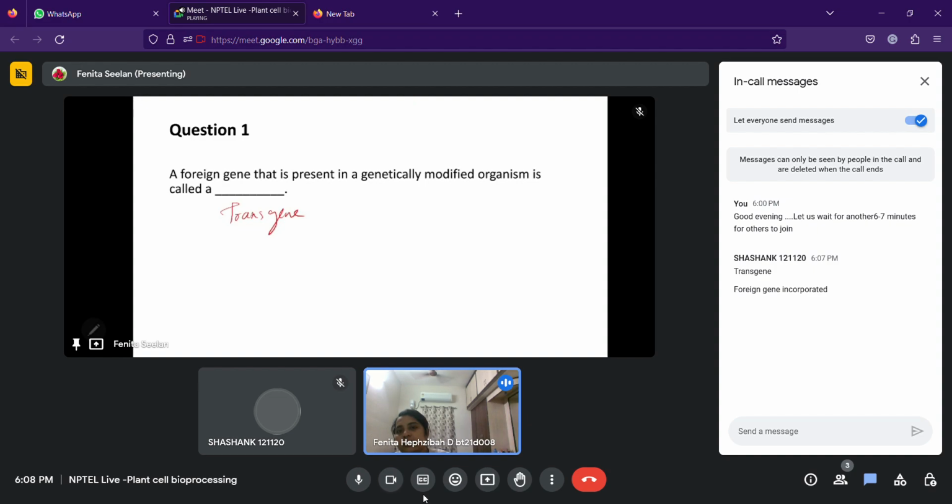So in the case of transgenic plants, in what ways can we obtain transgenic plants? There are certain methods or different ways from which you can obtain a transgenic plant. Can you name something? What are the techniques used for making a plant a transgenic one?